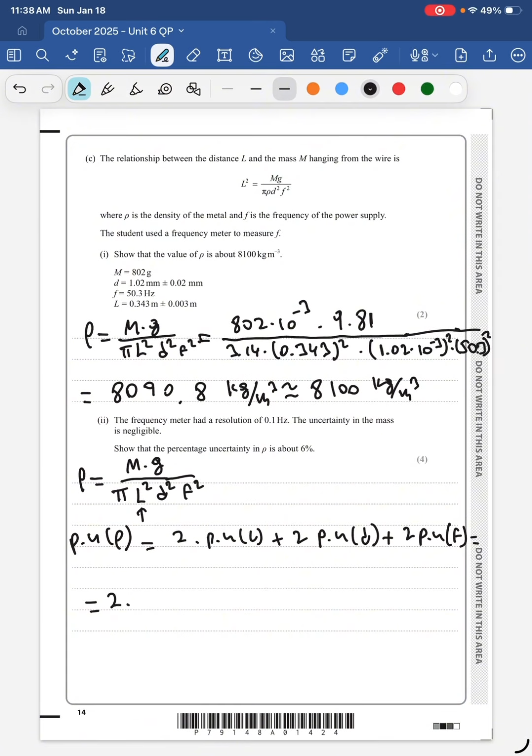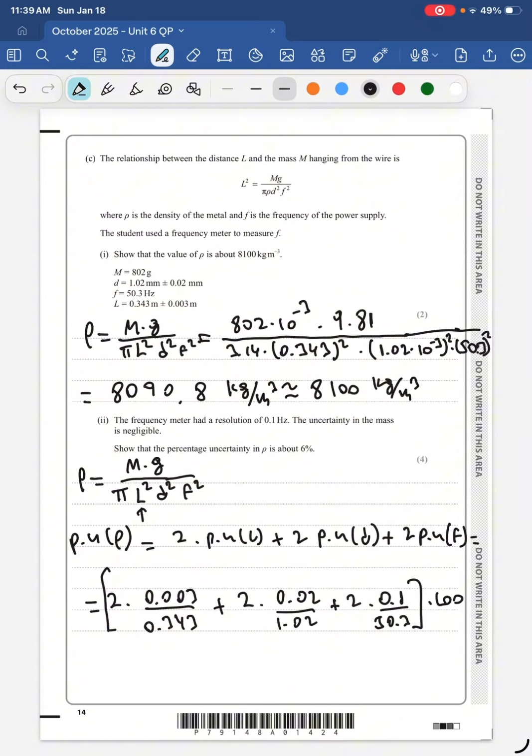So 2 times the percentage uncertainty in L will be 0.003 over 0.343. And I'm going to drag the 100 outside of all this. So plus 2 times the percentage uncertainty in D would be 0.02 over 102 plus 2 times the percentage uncertainty in F, which is 0.1 over 50.3, times 100. And let's cross our fingers that this is 6%. Okay, let's see.